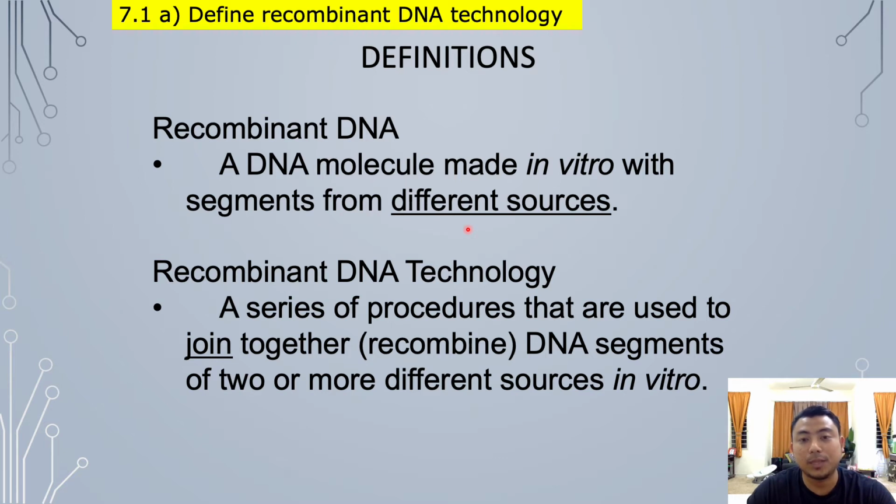If we put it in simple words, with recombinant DNA we are joining a couple of DNA segments made in the lab. Recombinant DNA technology is a series of procedures that are used to join together, i.e. to recombine DNA segments of two or more different sources in vitro, again in the lab.